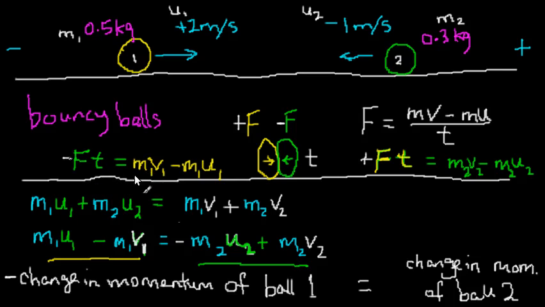This tells us that this momentum change of the yellow ball must have opposite sign to the momentum change of the green ball. So that's why, when we have this equation which says that the changes in momentum of the two balls are equal, we have an additional sign to tell us that the changes in momentum are equal, but they are in opposite directions.